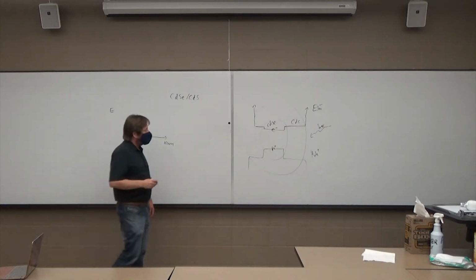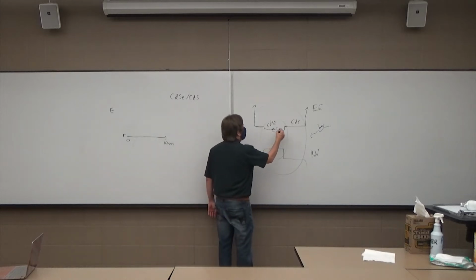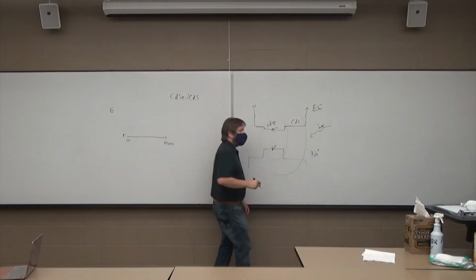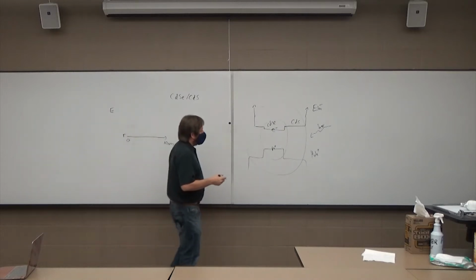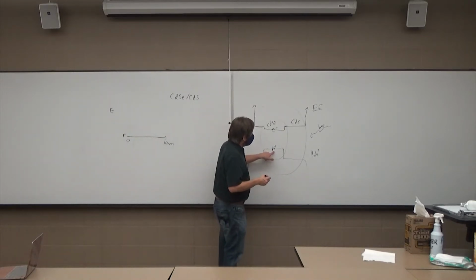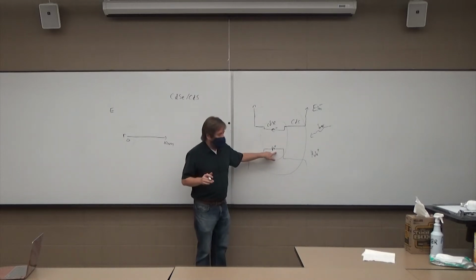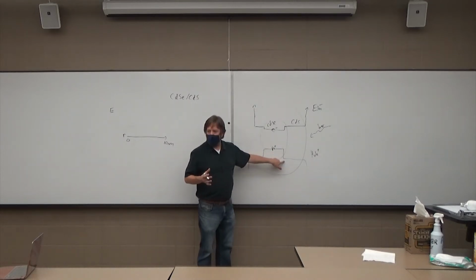Now, the electron sees something of a barrier to go in cadmium sulfide, but not a big one. The hole, since it's an anti-electron, sees this dip as actually a barrier.